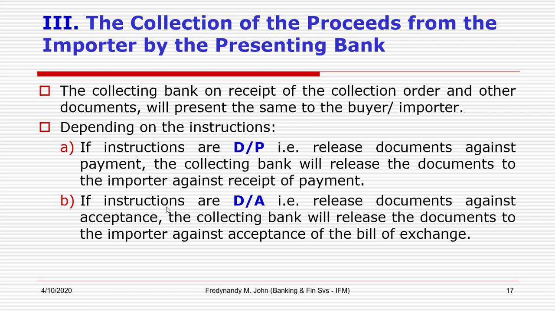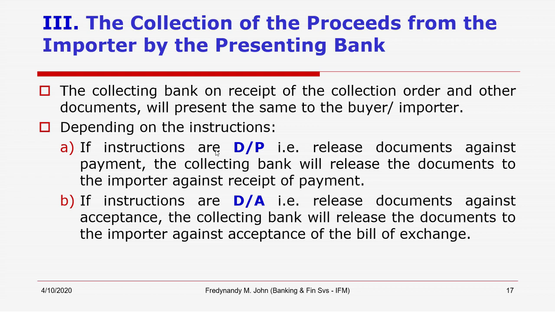Now, from these two scenarios, you can see that if the instructions are for the document against payment, then the seller will include a demand draft, because a demand draft does not require acceptance. Rather, it requires the buyer to make payment the moment the draft has been presented to him. So document against payment requires the seller to prepare a demand draft.